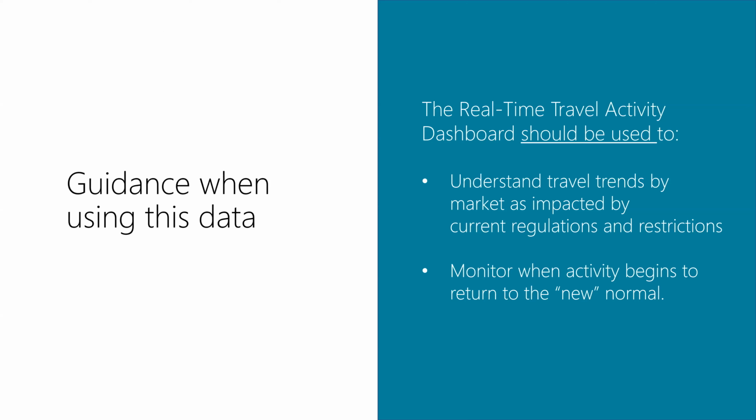So we're going to start seeing these same things happen in the reverse. Things are going to come back up. We're not all going to stay like this forever. And we will start seeing things return to a new normal. And as that happens, you'll be able to use this to understand this at a much faster, daily cadence than some of the other products that we're going to be talking about.